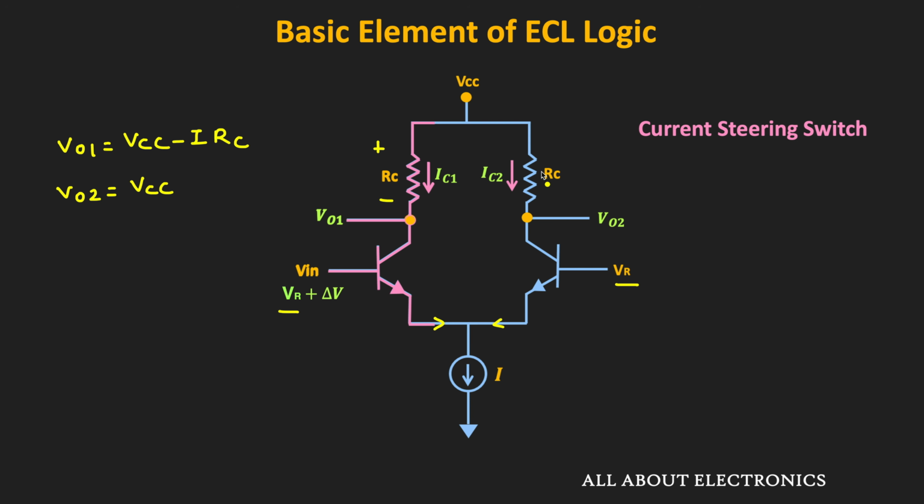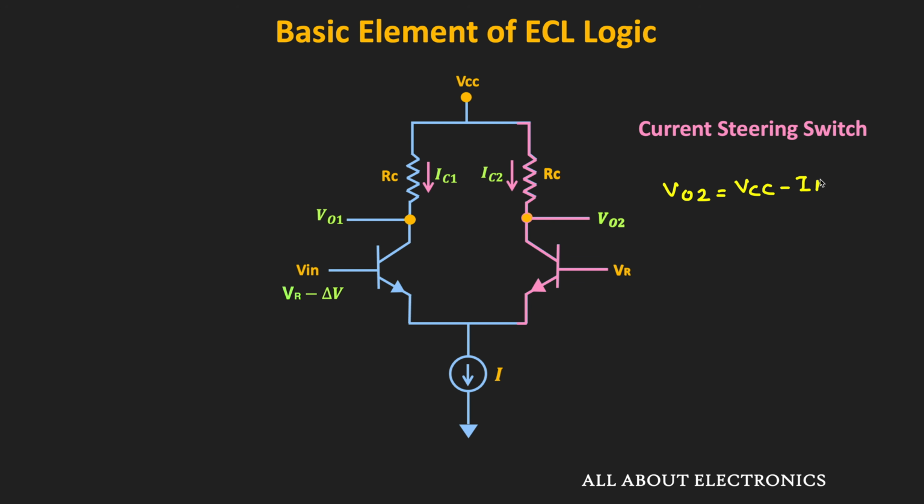Similarly, when the input is equal to VR minus delta V, then the entire current will flow through this second transistor. At that time, VO2 will be equal to VCC minus I times RC, and VO1 will be equal to VCC, because this transistor will remain in the off condition.